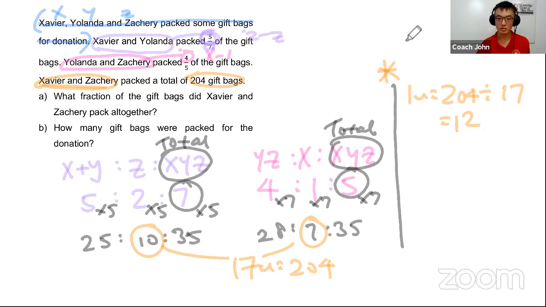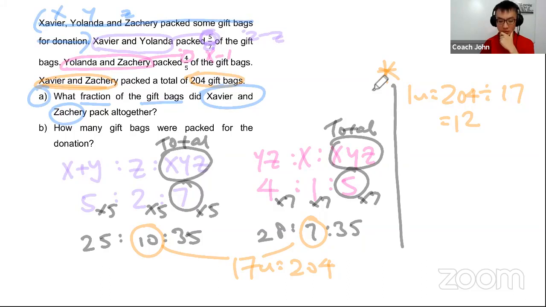Let me just go back to part A and see whether I overshot. Sometimes I'm too engrossed, I overshoot. Part A: what fraction of the gift bags did Xavier and Zachary pack together? In this case, you can also tidy up.